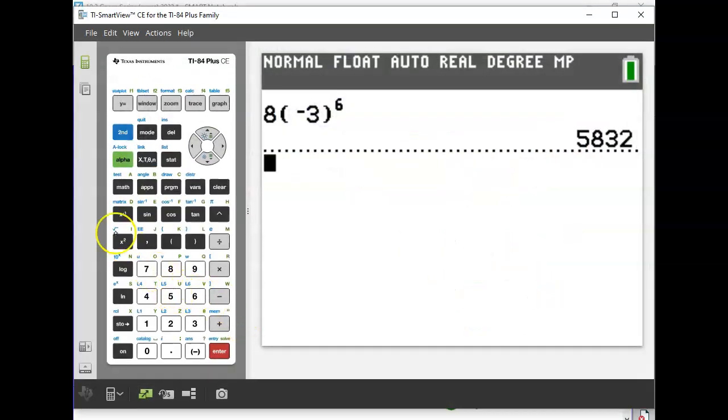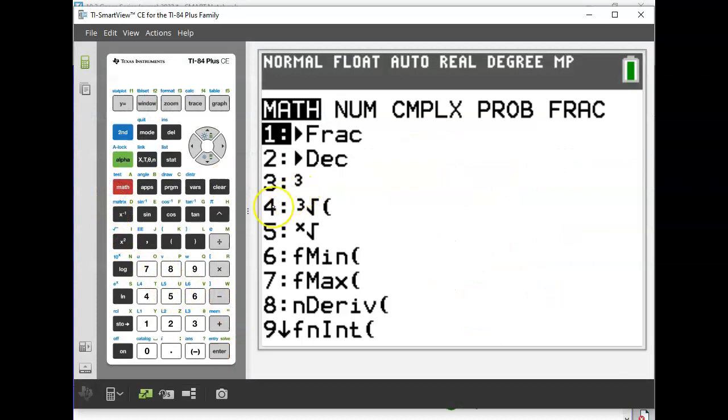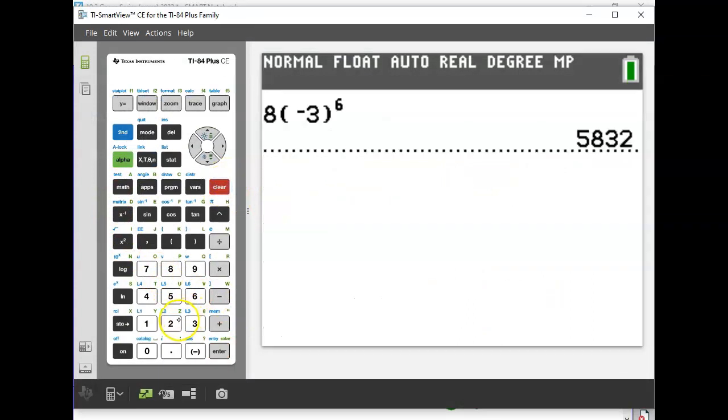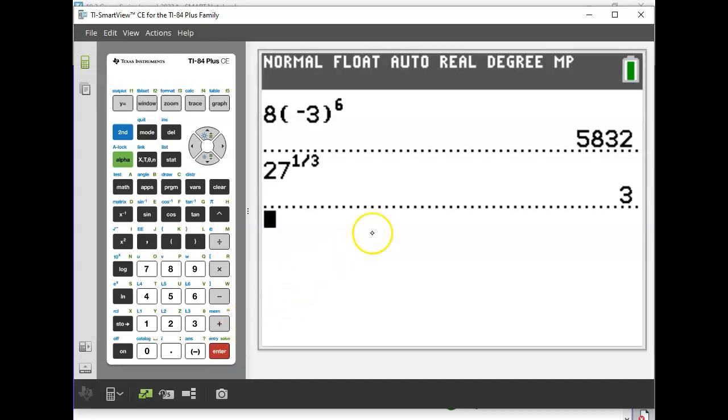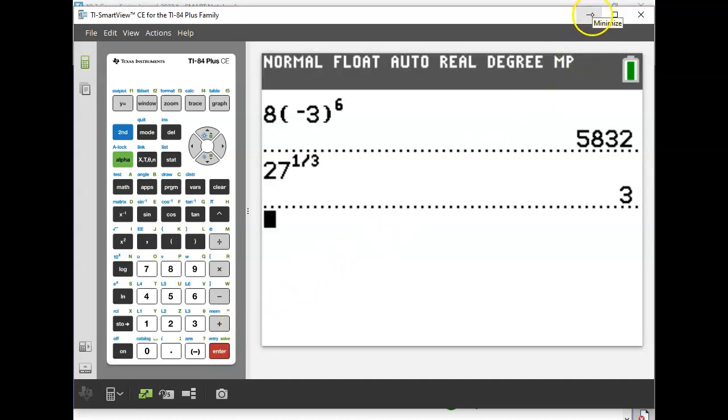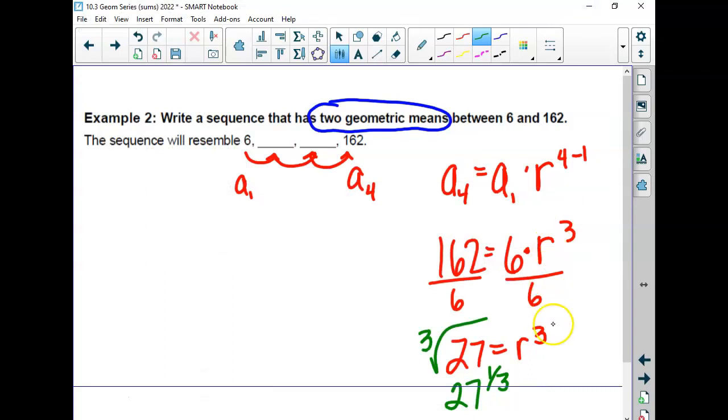So it's under math. If you want to find the cube root, it's number 4 there, but it's the same as saying to the 1/3 power. Now, if you have an older calculator, you would have to put the 1/3 power in parentheses, so it's a little more painful, but everybody good that it's 3?